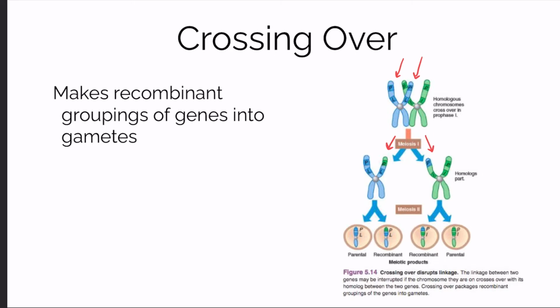So crossing over can impact this, and there's actually a number that you can calculate called the recombination frequency, which means how likely are they to recombine or not.